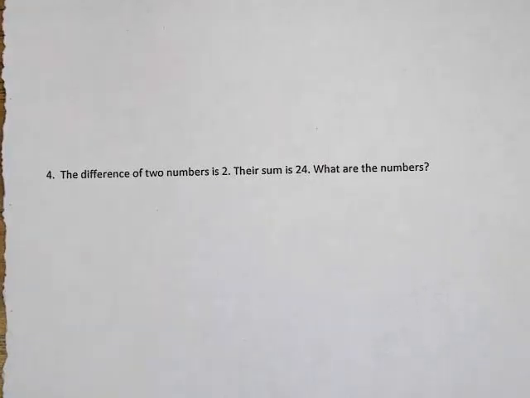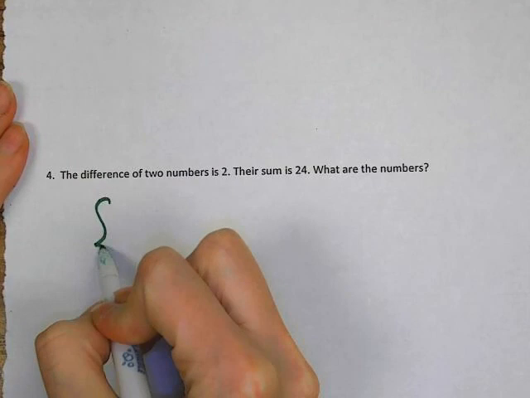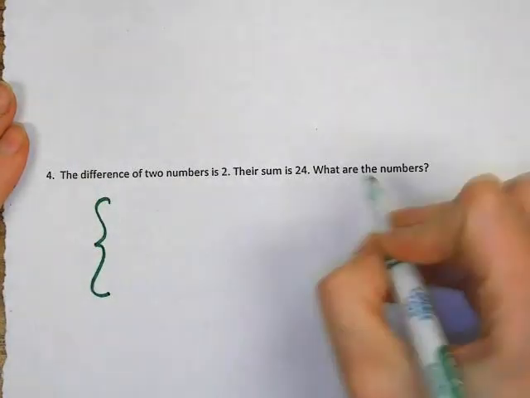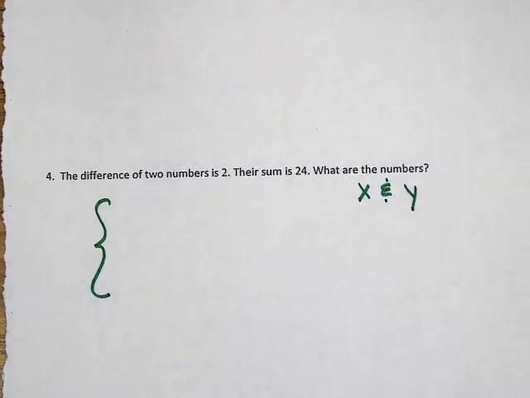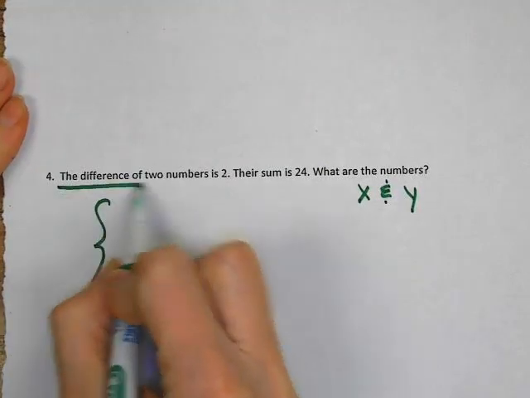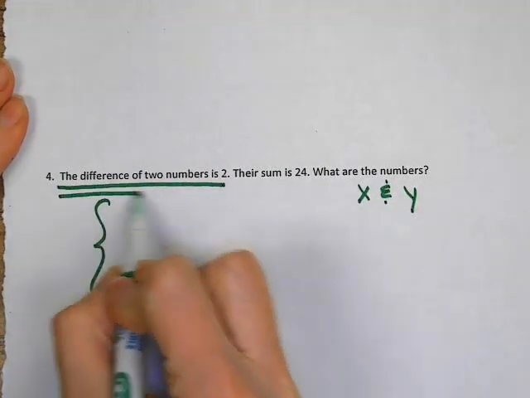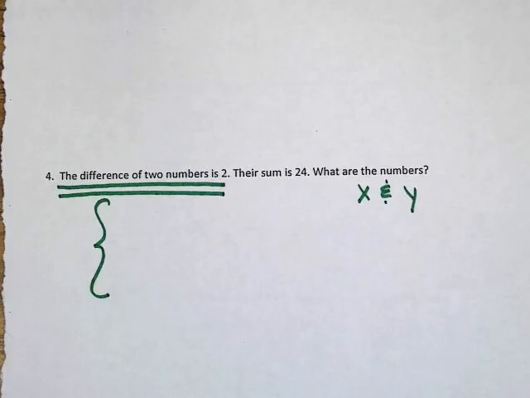Okay, so this one's actually super duper easy. When they're talking about 2 numbers, why don't we just call them X and Y? So I think you guys can do this without me. How would you write for the first equation, what does difference mean? How would you write the difference of these 2 numbers is 2? Well, difference means subtract.